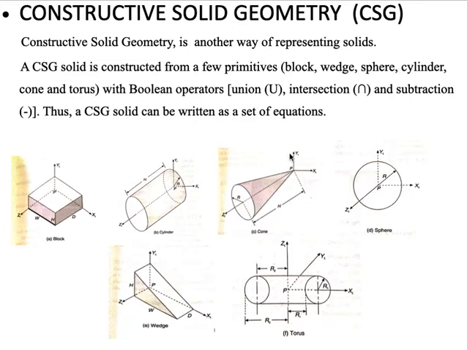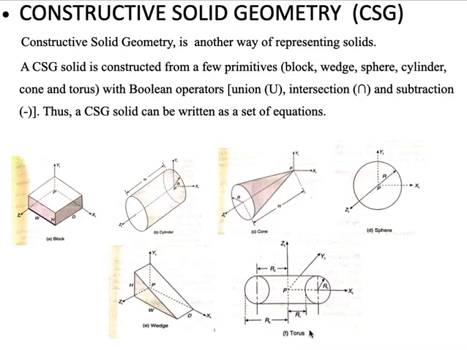A CSG solid is constructed from a few primitives. You can say block, wedge, sphere, cylinder. This is block, cylinder, sphere, right cone, wedge, or torus.